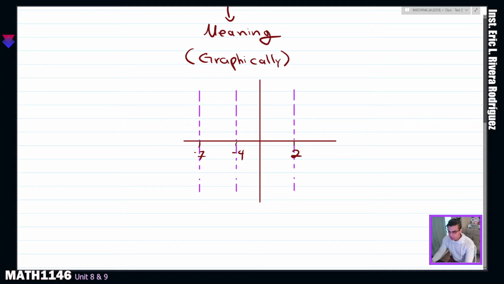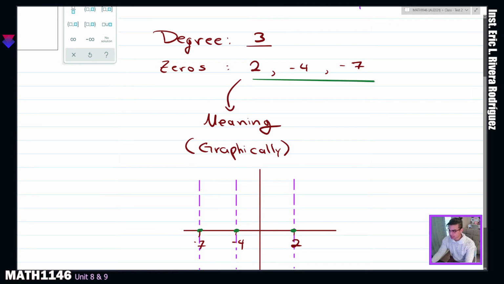We know that the polynomial at those values there are x-intercepts because those are the zeros of the polynomial.